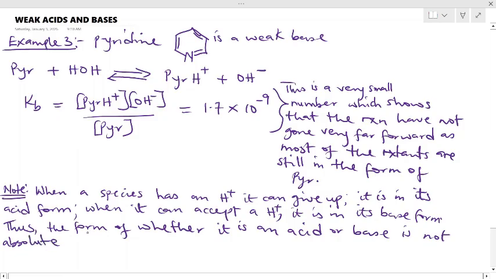It depends on its behavior. Very key: whether it is behaving as an acid or a base. So we look at another slide.